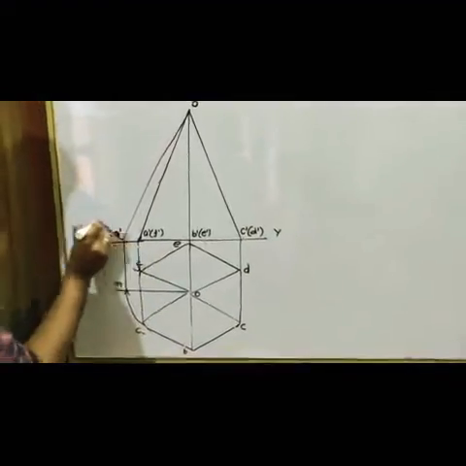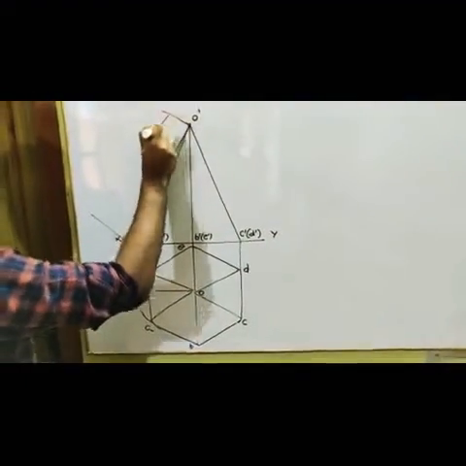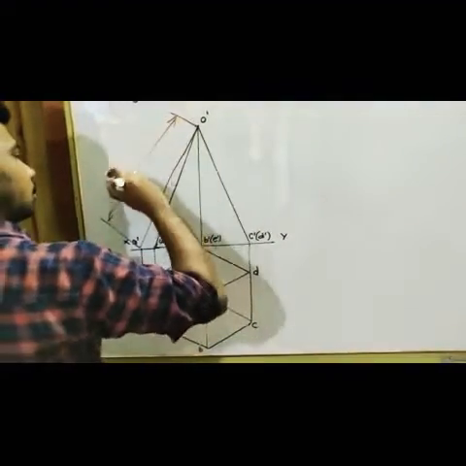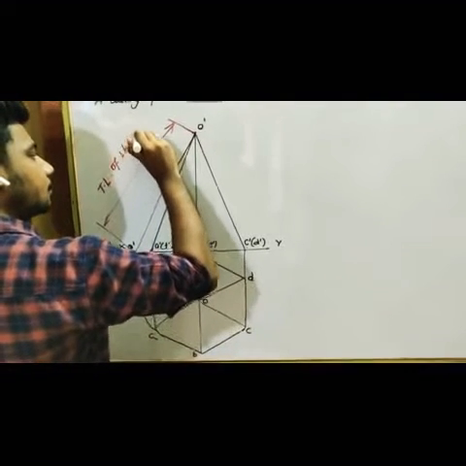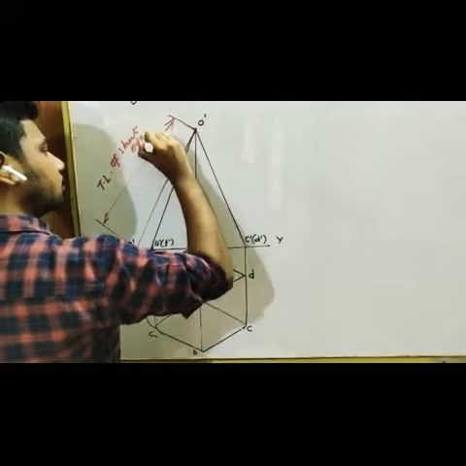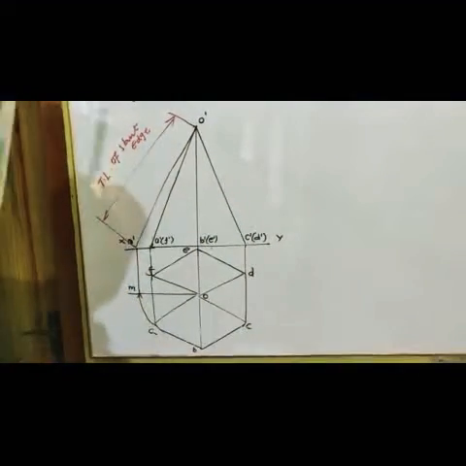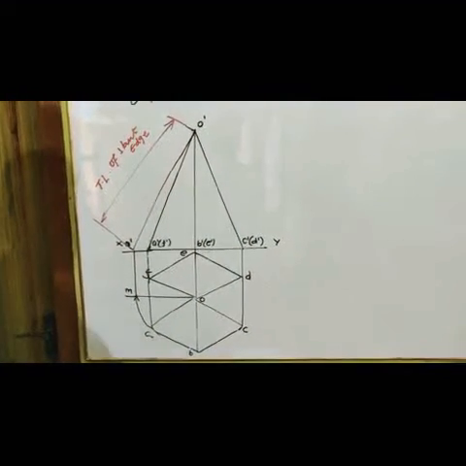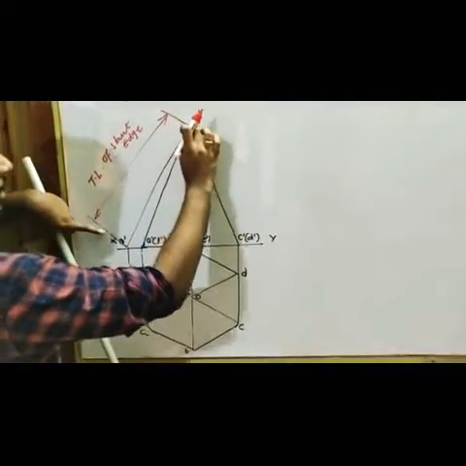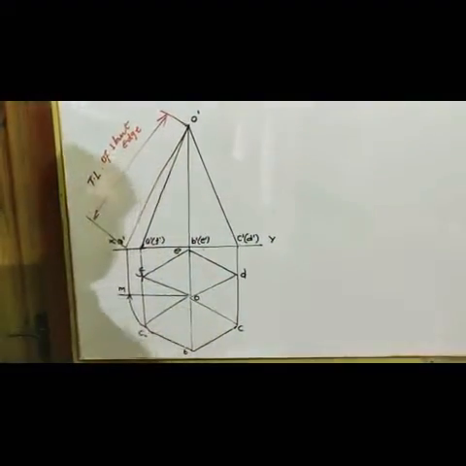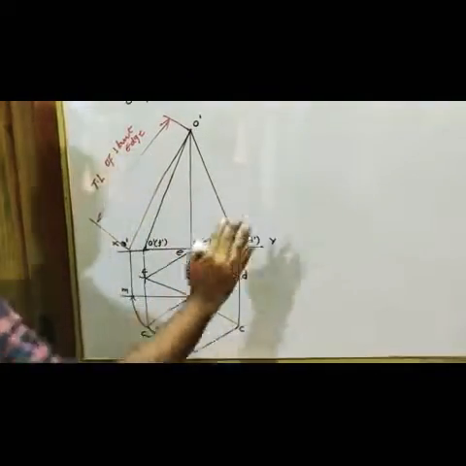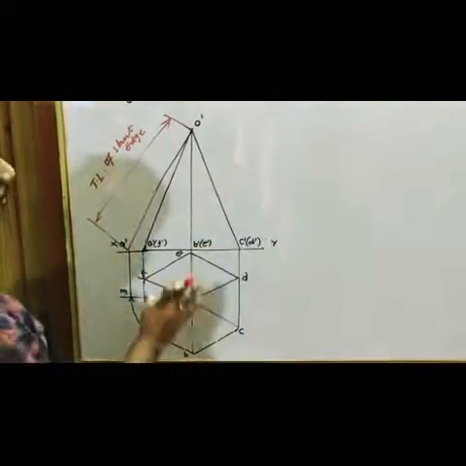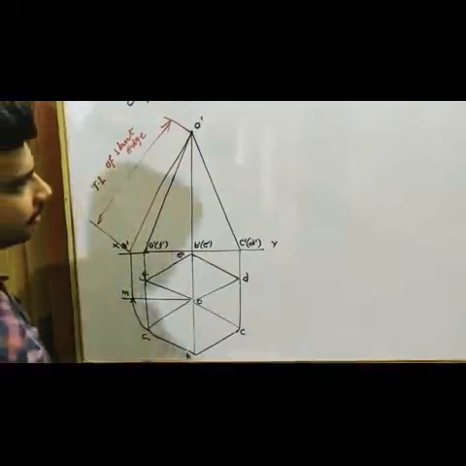So this length will be the true length of the slant edge. So you need to know this true length for your development, right? So before getting into the cutting plane, I am going to develop this first. So we will see the development for this regular hexagonal pyramid first.